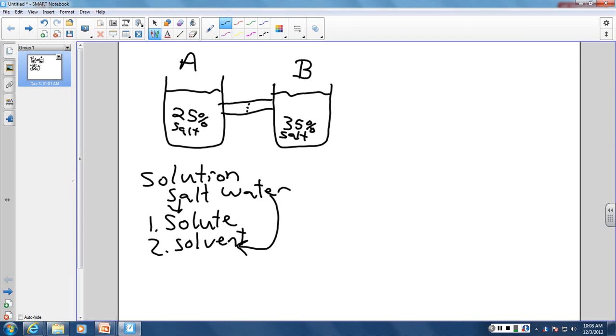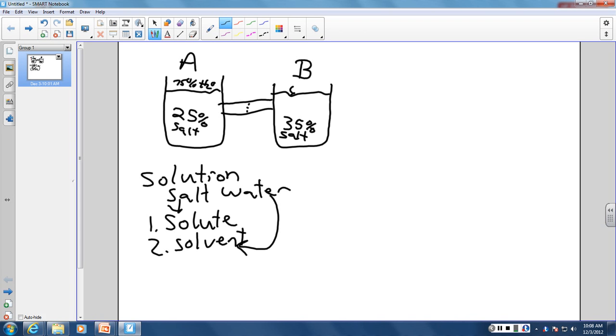So if water can move, which way will water move? Okay, so this container has 75% water. So important to understand this going forward.